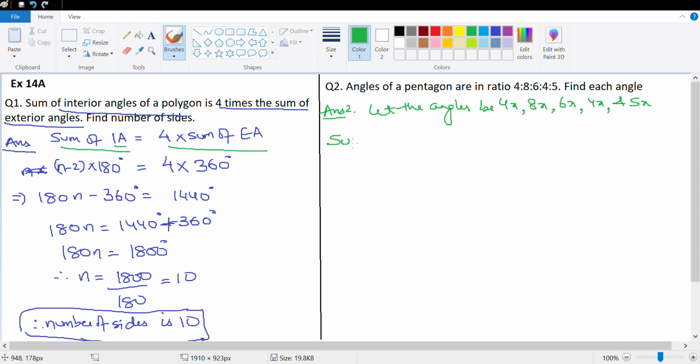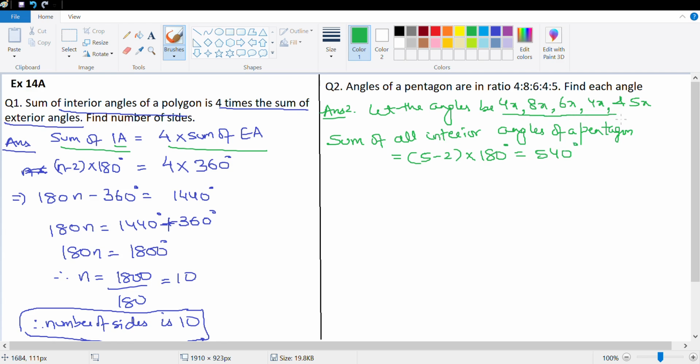Let's find the sum of all interior angles of a pentagon first. That will be equal to n minus 2 into 180 degrees. In this case, 5 minus 2 into 180 degrees, which is 540 degrees. So the sum of all these angles is equal to 540 degrees.